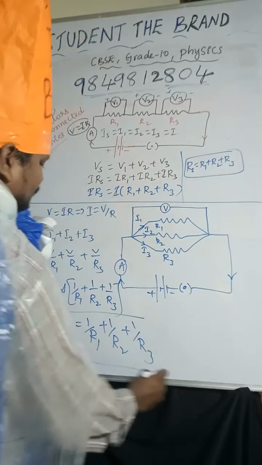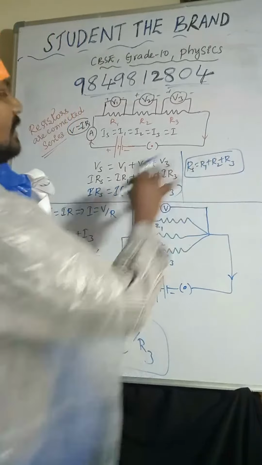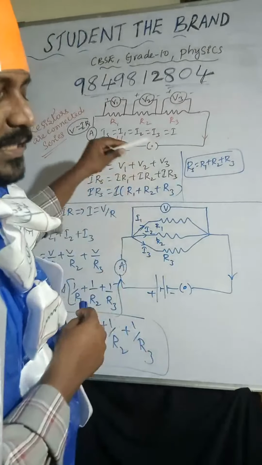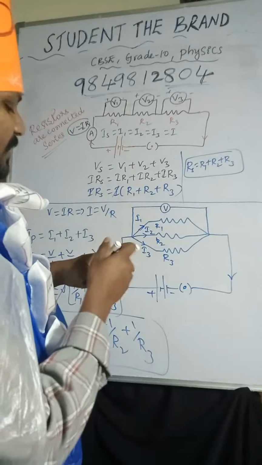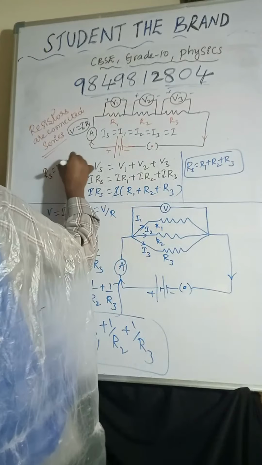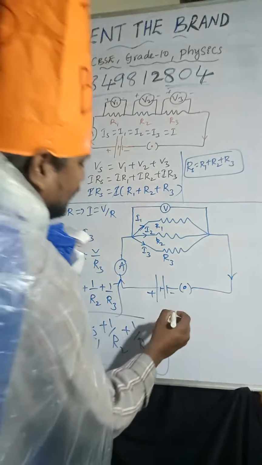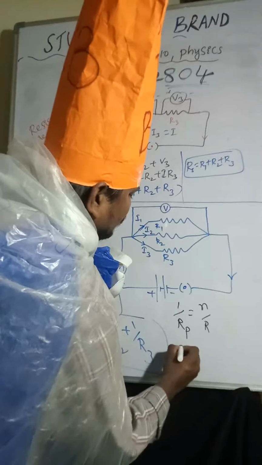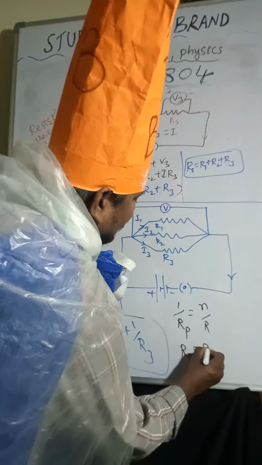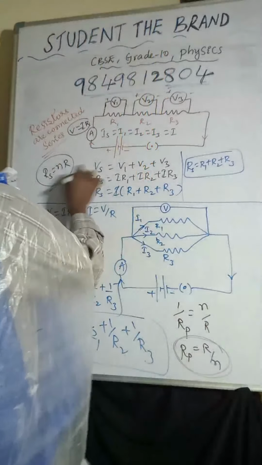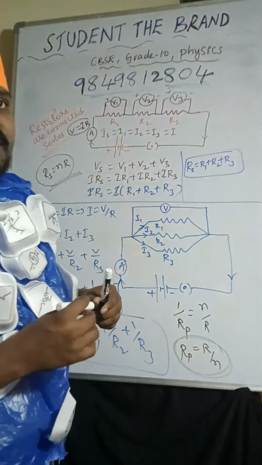Here you can observe one thing. If n number of resistors are connected in series combination, RS equal to nR. If n number of resistors are connected in parallel combination, RP equal to R by n. We will use this formula, and this formula also, so you have to observe carefully.